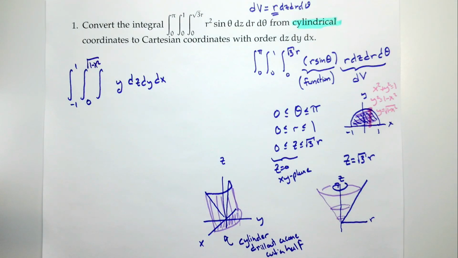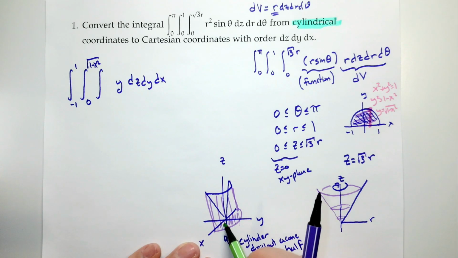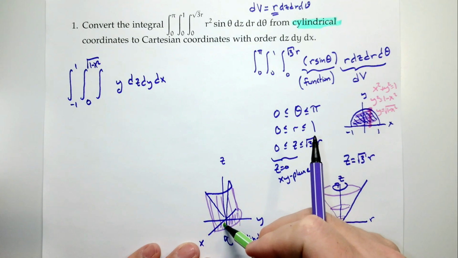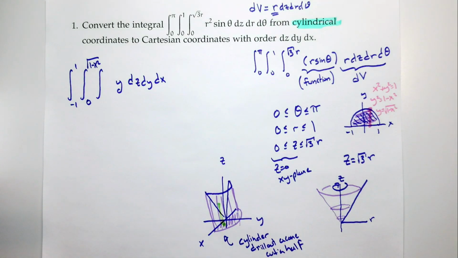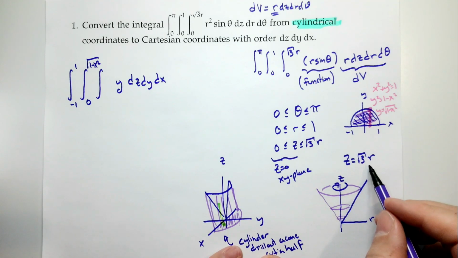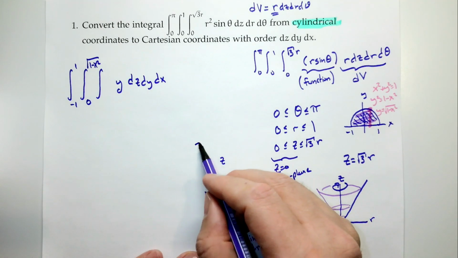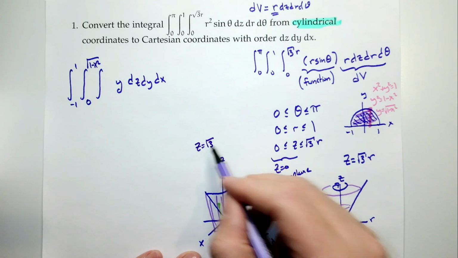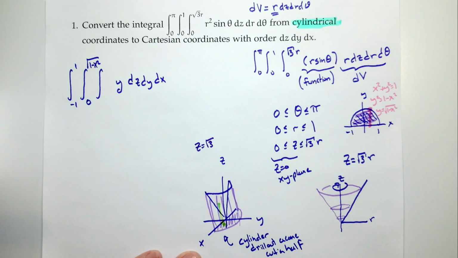Now, how about for z? Well, for z, that's not so bad. We come to the three-dimensional picture. We say, look, we start at z equals 0, and then we go up until we hit our cone, z equals √3 r. Well, I need to convert this into Cartesian.